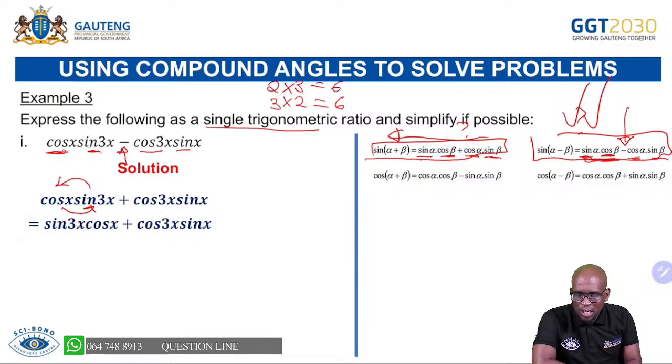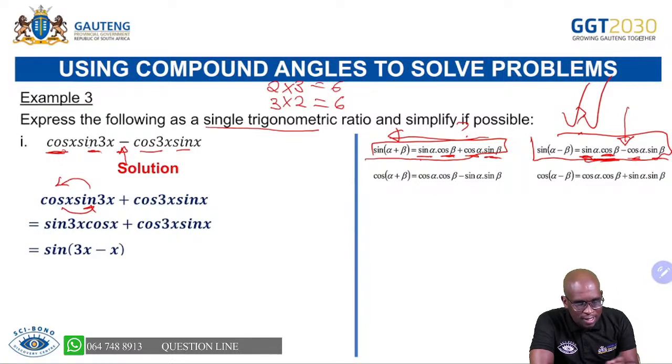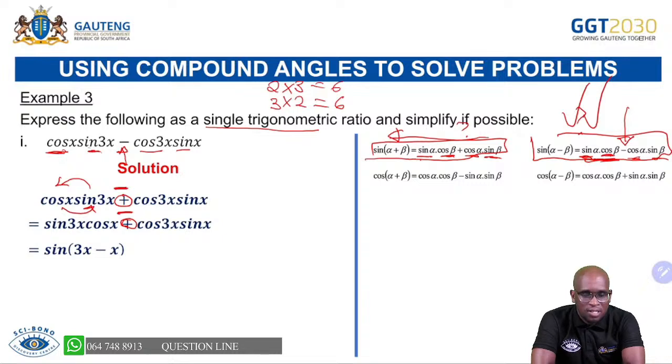So I am changing that to sine 3x cosine x plus sine 3x cosine cos 3x sine x. Sorry about that. Made a mistake here. The sign should be negative, not positive. The sign should be negative. That is the error there. Because remember, from the original problem, it was negative.